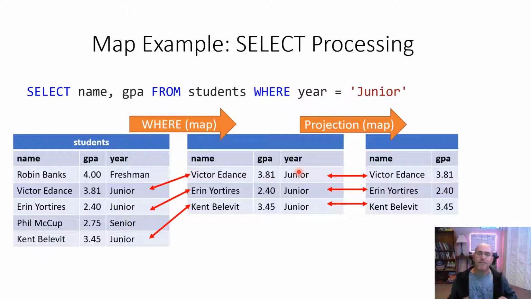Again, we have not removed any of the original rows or reduced any of the original rows, if you will. This row here can be traced all the way back to the original table. So those are mapping operations. Again, 1 in, 0 or 1 out with a mapping operation. That's basically how it works.